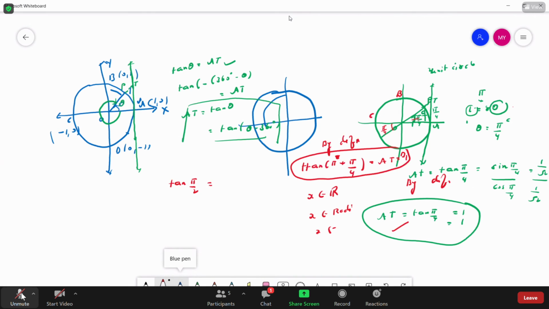Your theta is pi by 2, so I can write tan pi by 2 radians, or simply tan pi by 2. Both are the same. Whether I extend like this or like this, since they are parallel to each other, they will never meet. So this is undefined. Please note this down, sir.